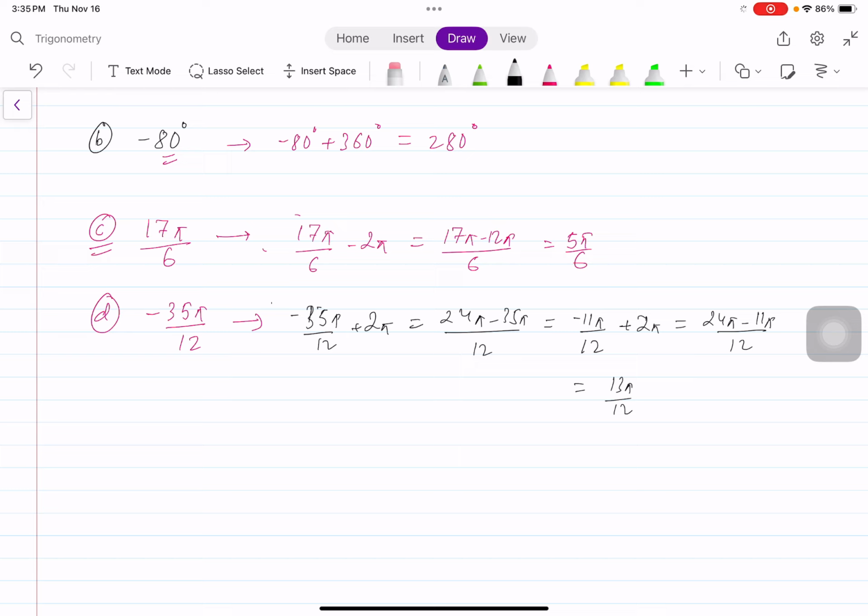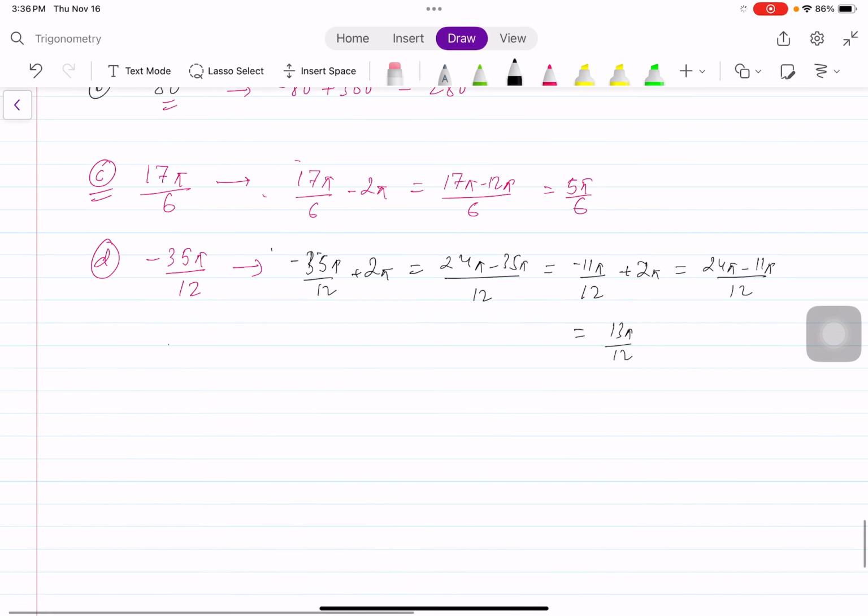Another thing we could have done here is multiply here by 2 pi, because this is negative, so this is negative 2 point maybe 9 something pi. So if you are going from negative 2 pi, if you want to find some number here in 2 pi, so here is 2 pi, right?